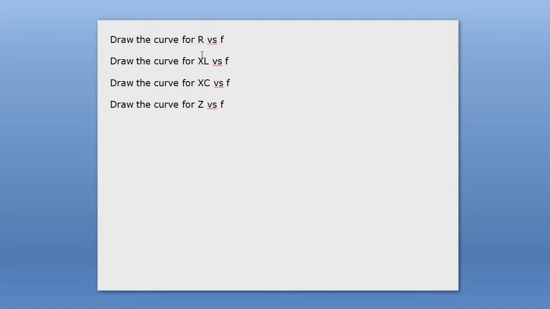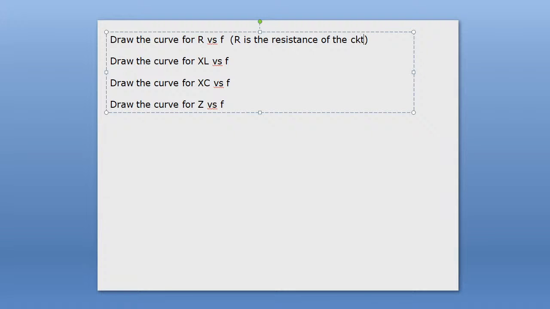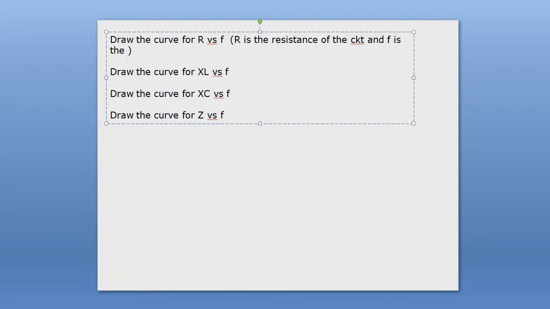Write inside a bracket: R is the resistance of the circuit, and F is the frequency of the applied signal, maybe voltage or current, no problem.